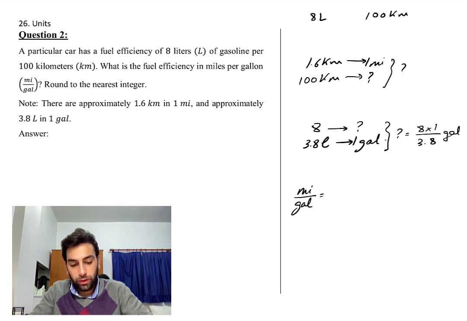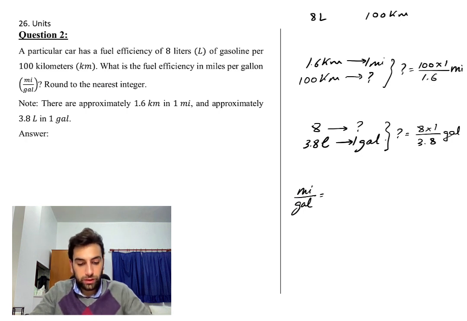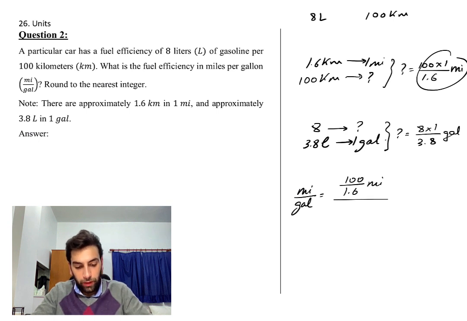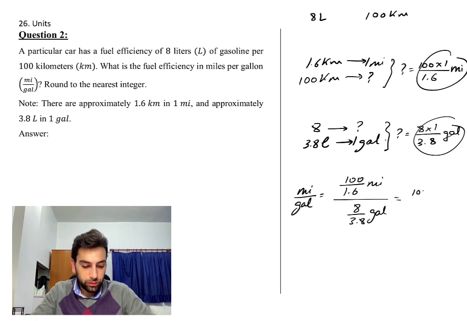From this one, we will get 100 times 1 over 1.6 miles. Thus, you should divide 100 over 1.6, which is this value in miles, by this value, which is 8 over 3.8 in gallons. Thus, you will get 100 times 3.8 divided by 1.6 times 8.